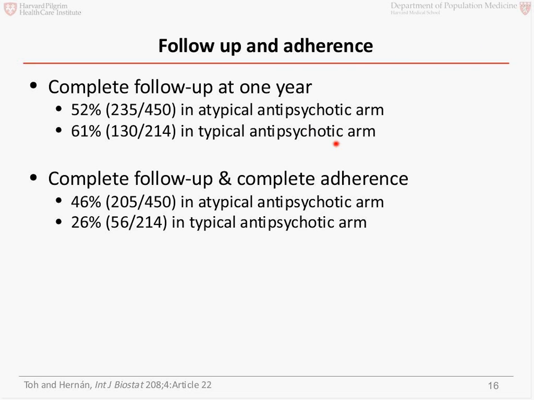And in treatment non-adherence, the number is even more miserable. Less than half of the patients randomized to the typical antipsychotic arm had a complete follow-up plus complete adherence to the assigned treatment. This proportion was just over 1/4 in the other treatment arm.